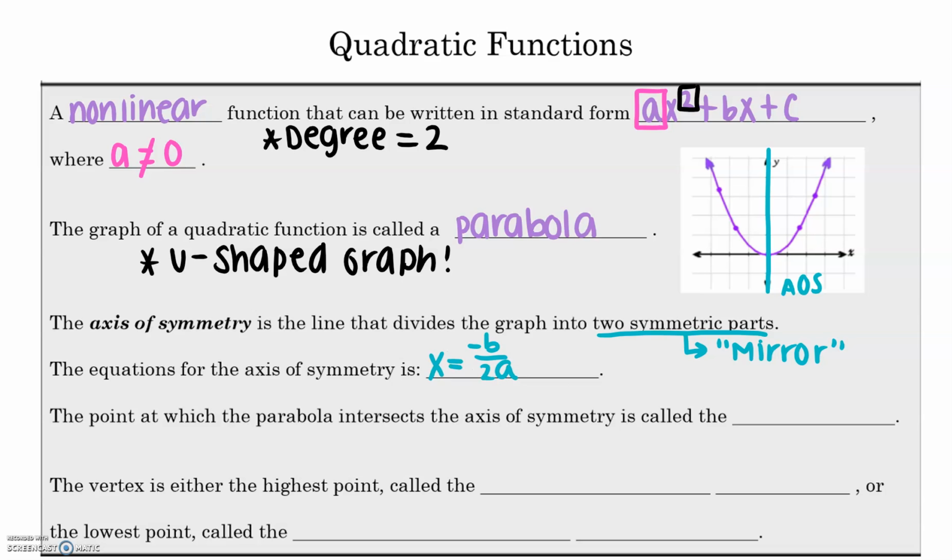The point at which the parabola intersects the axis of symmetry is called the vertex. So on the graph above, the origin is our vertex. The vertex is either going to be the highest point of our parabola or the lowest point of the parabola. If the vertex is the highest point of our parabola, we call that our maximum value.